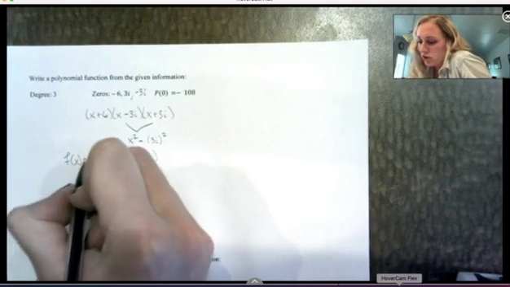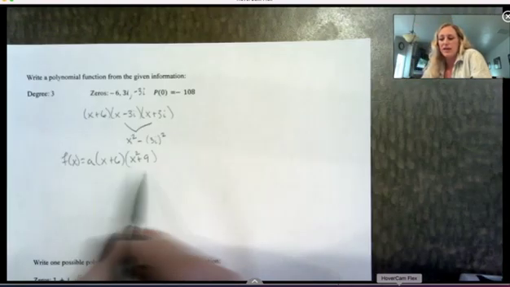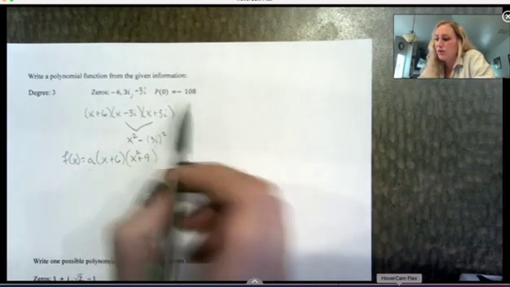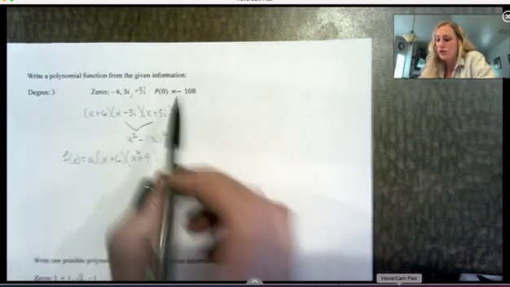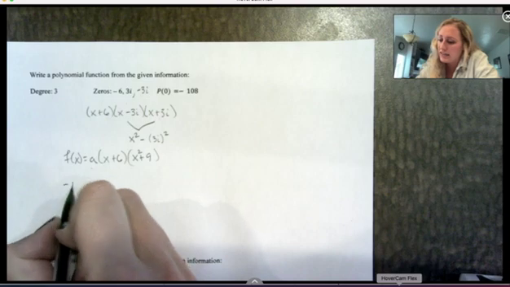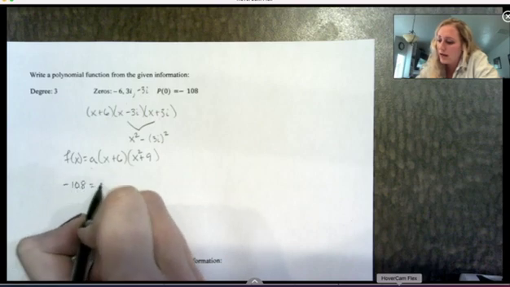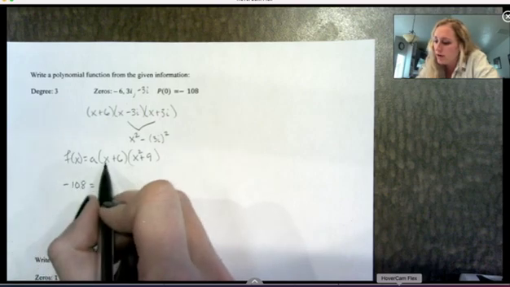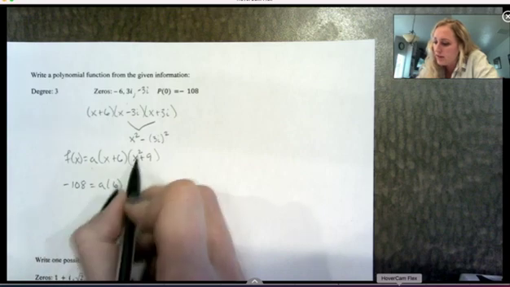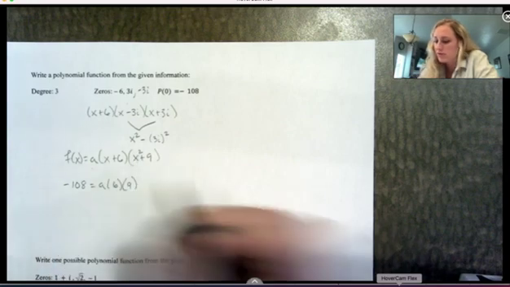So here is my function, but again, I need to find a so that this is true. So I'm going to plug in 0, and it needs to equal -108. So we got 0 here, so I'm going to be left with 6, 0 here, left with 9.